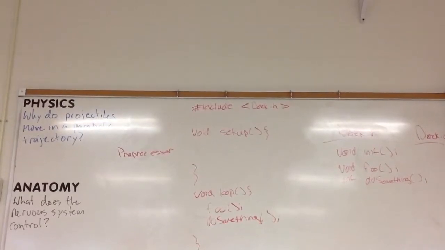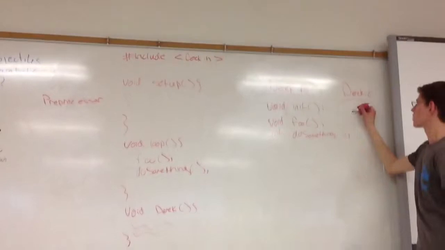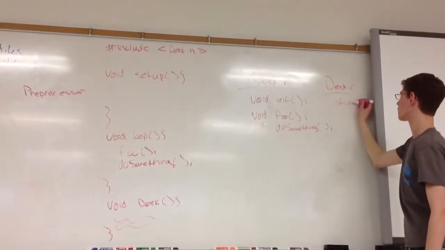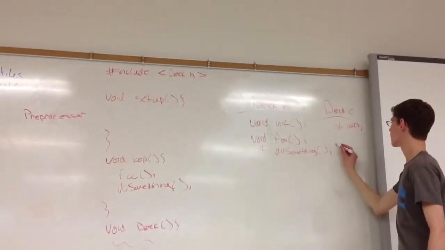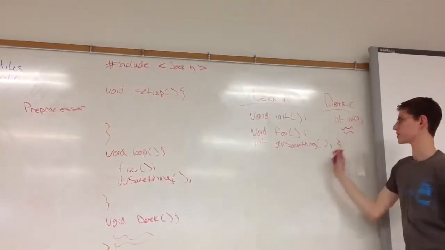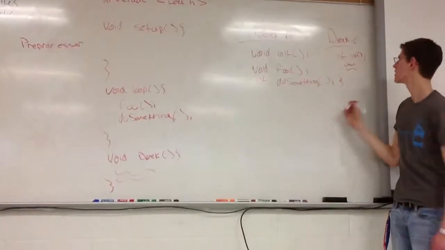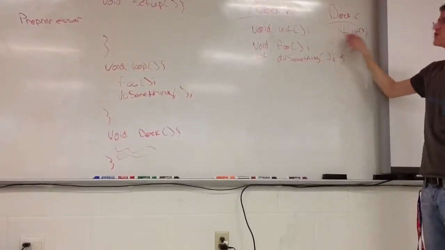Derek.c, I haven't written anything in this file yet. But what it is, is the actual definitions. So void init, and I put the brace, and I would define this function. And then I would define foo, and then I would define something.